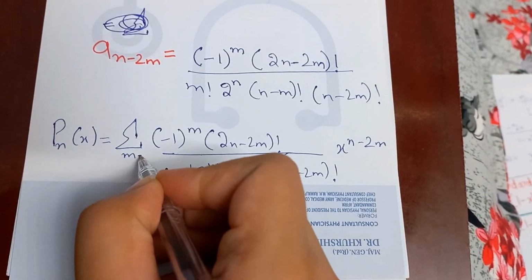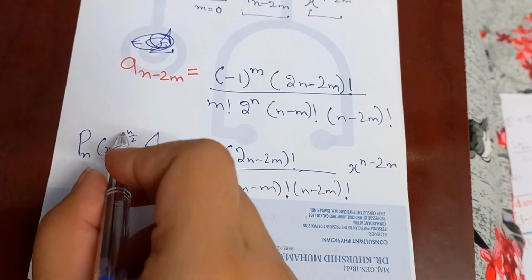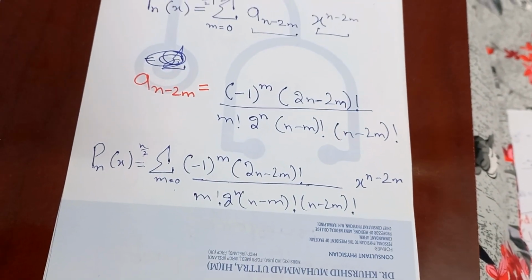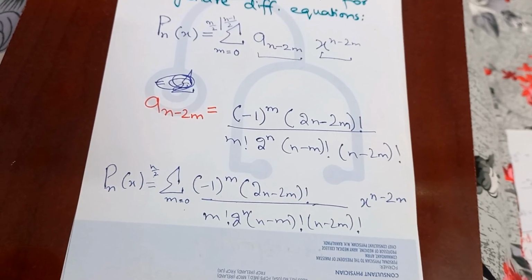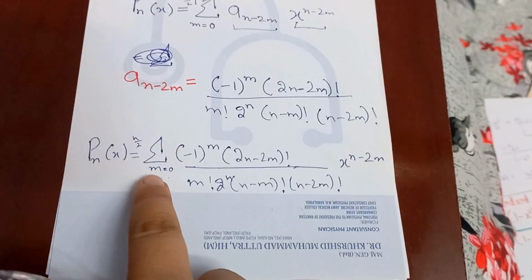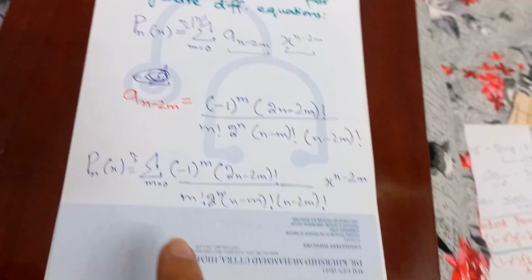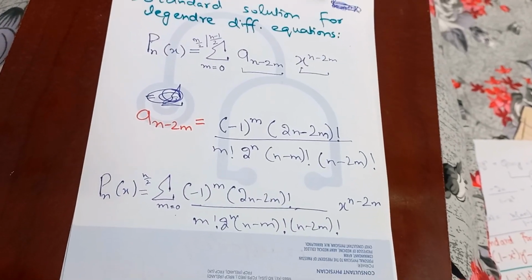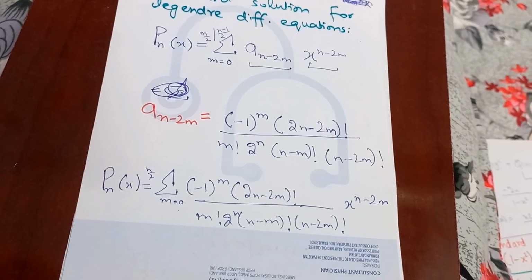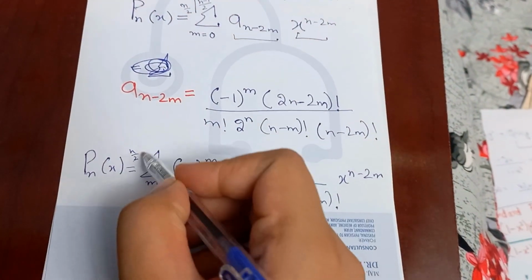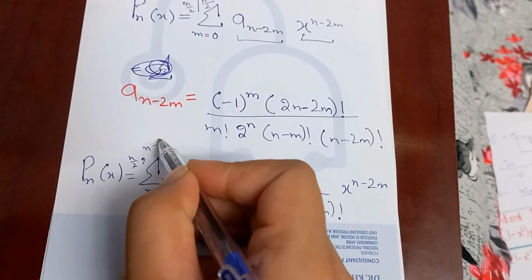Here the summation runs from m equals 0 to n by 2 if n is even. If you have a Legendre differential equation and you determine the value of n and it's even, then the summation will run from m equals 0 to n by 2. But if n is odd, for example if n is 3, 5, 7, then you will expand that series from m equals 0 to n minus 1 by 2.